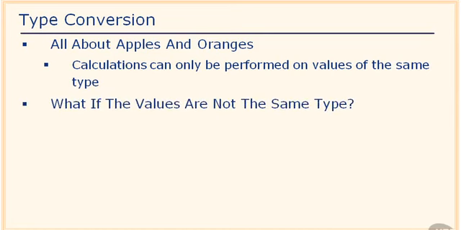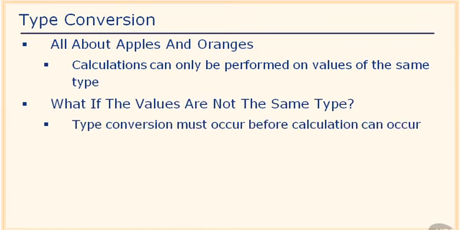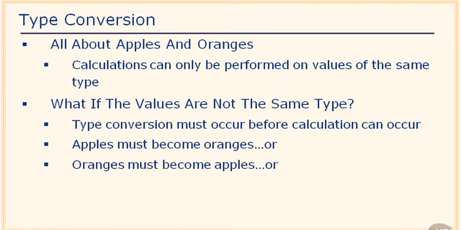But when the values aren't the same type on my variables or any other type, I now have an issue, just like my apples and oranges. Type conversion must occur. In other words, apples have to become oranges, or oranges have to become apples, or they both need to become somehow the same thing. Here's a solution to the problem with the apples and oranges.